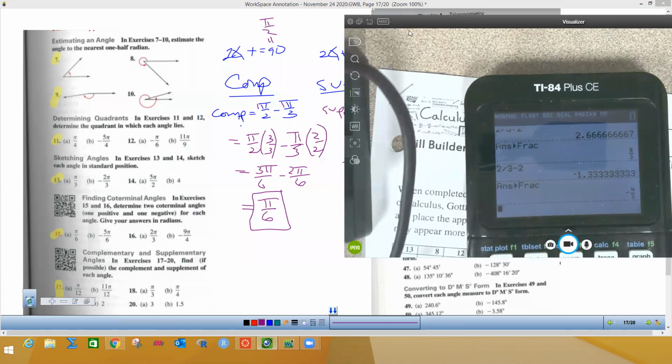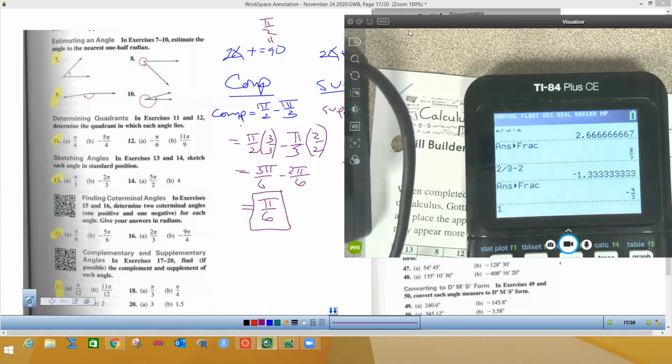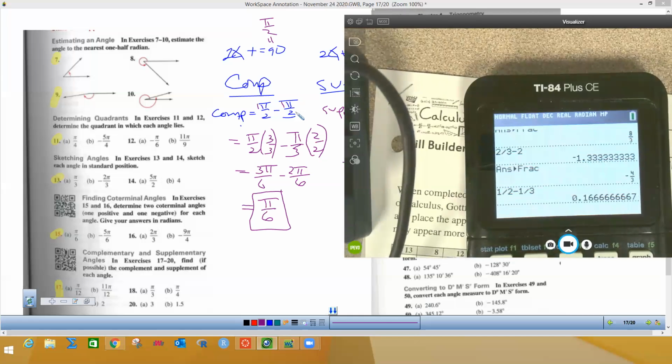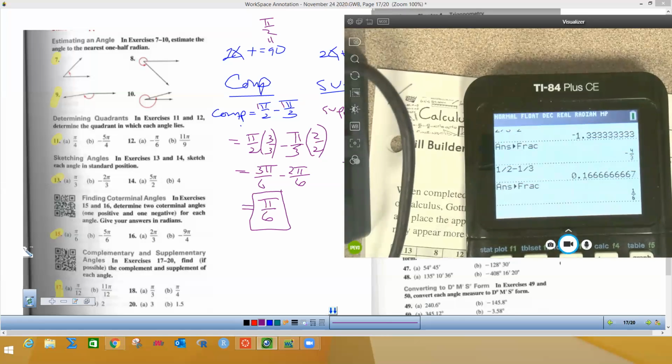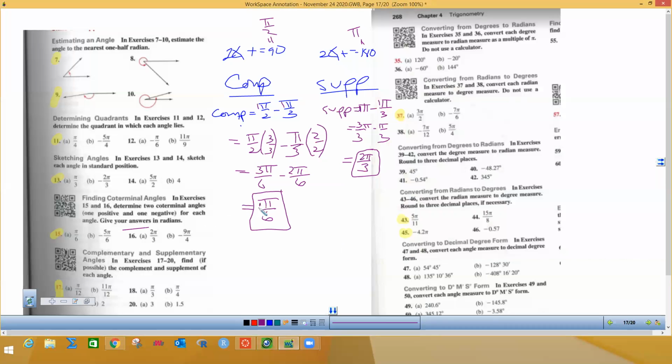So if I take 1 divided by 2, because it was 1 pi over 2, and I say minus 1/3, I get that decimal number that looks a little crazy. I can hit math 1, and that's 1/6. And if you look right here at my answer, this is 1/6 pi. I got to put the pi back in there.